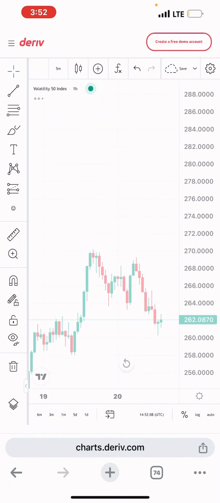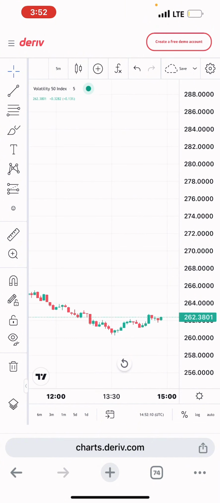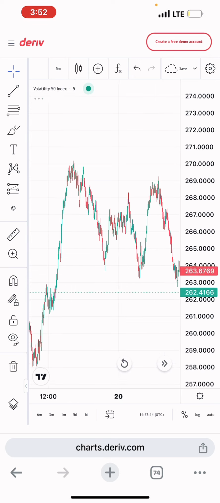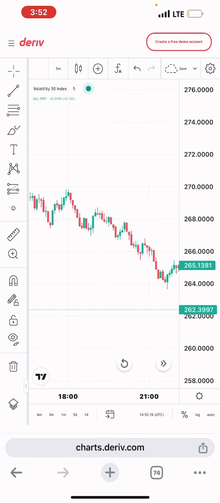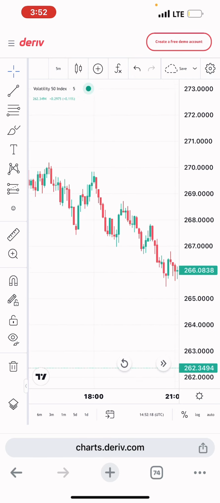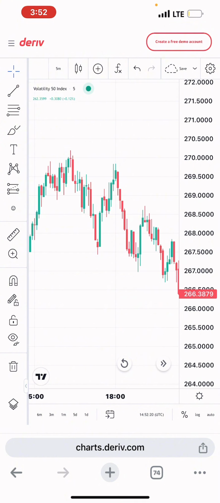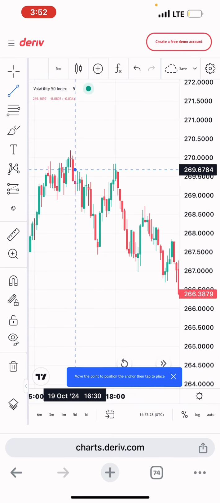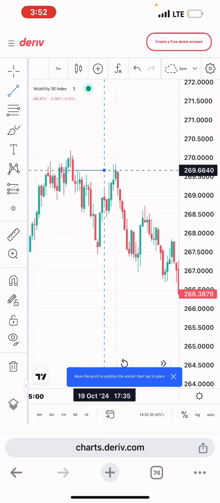So let's go to the 5 minutes time frame and look at it together. Okay, fam. So right here you can actually see the 5 minutes time frame. Let me just zoom in a little bit. The reason why I'm using this is some tools here which I won't be able to have access to on the MT5 platform. So right here, let me use this. Right here we have a sweep of liquidity.